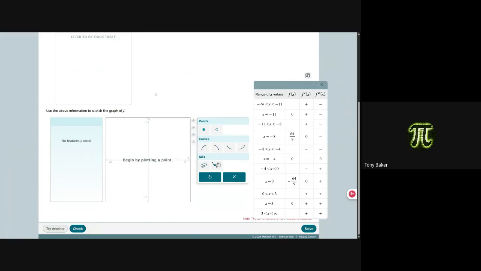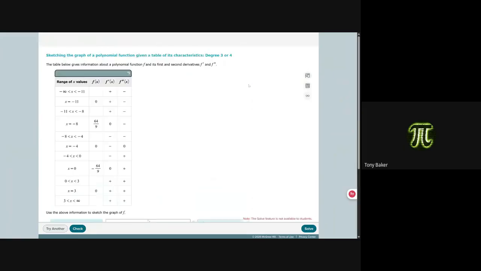All right, so the first thing they want us to graph is our points. Let's look at each of these pieces, and then we will talk about what they do.